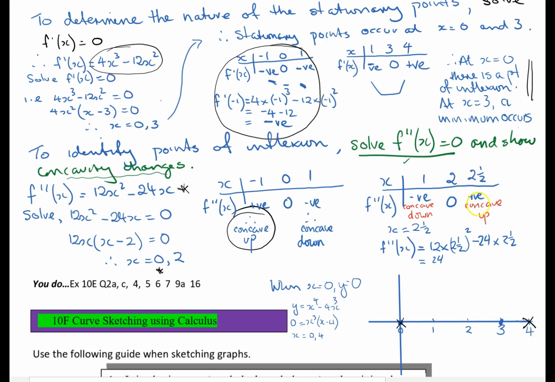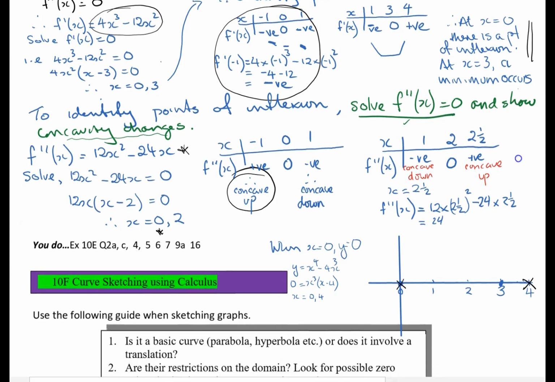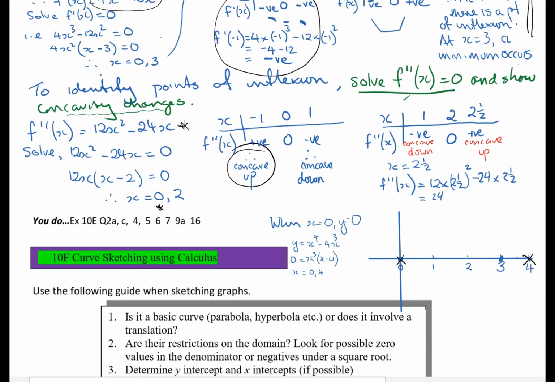So I checked at 2.5 and I found that it was concave up. When testing concavity, I'd try to avoid the stationary point. You don't have to, but I just suggest you do. So what do we know now? This was not something that we'd previously established, but it would be something that you would do when you're asked to sketch.